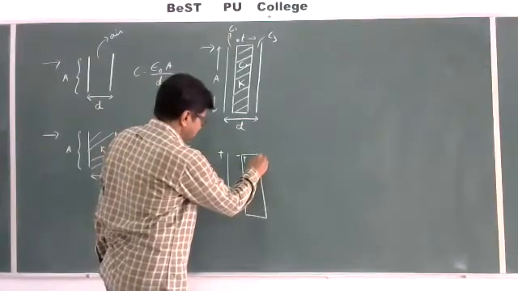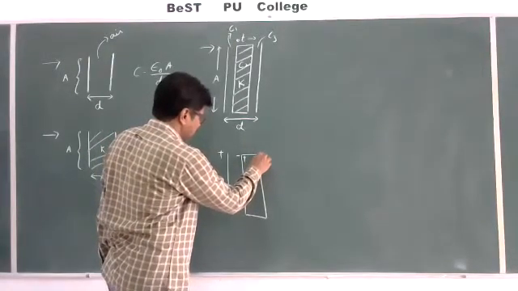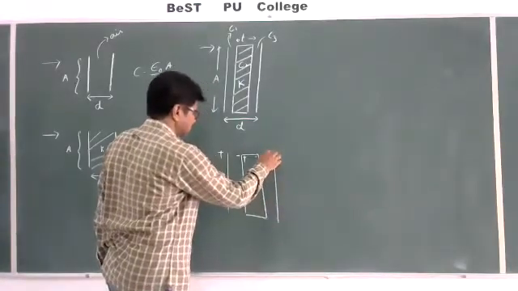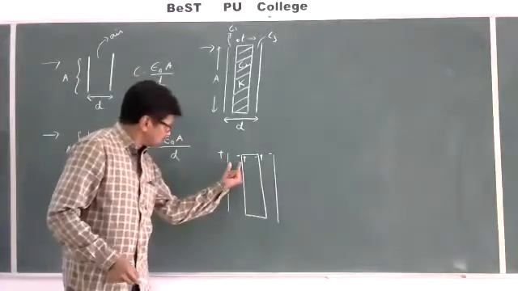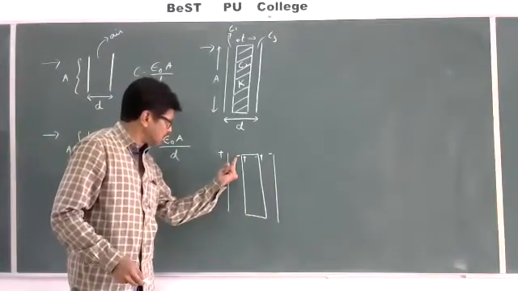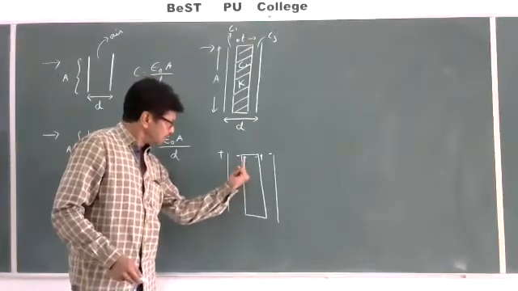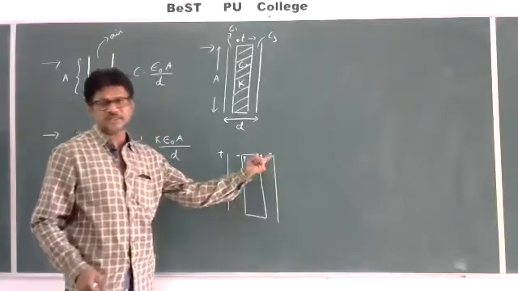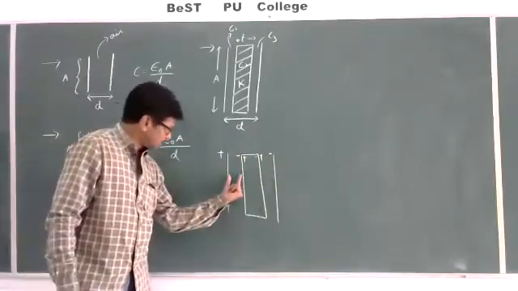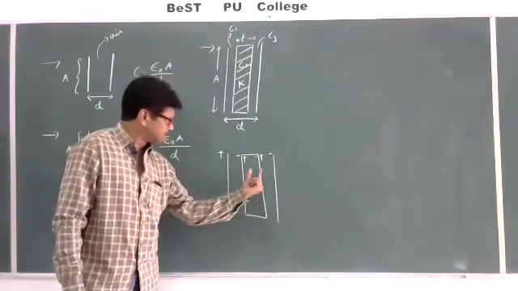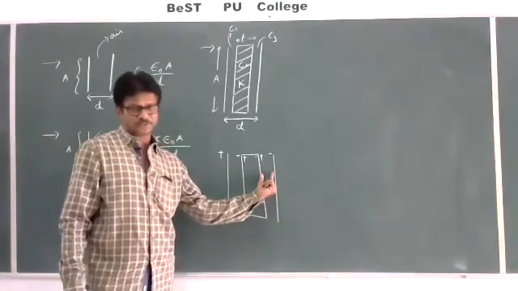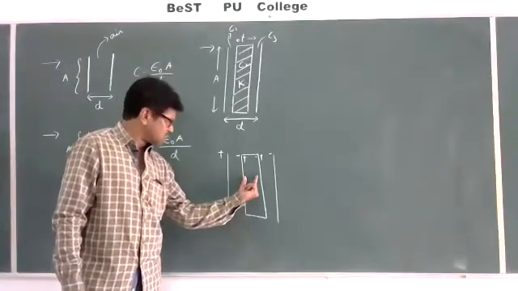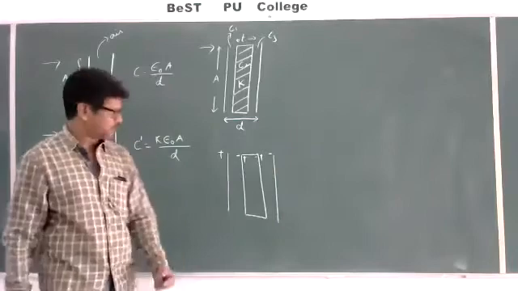Now here the negative charge, positive charge, and here the final one will have a negative charge. So these are two plates, one positive, one negative. Here also two plates, one positive and the other negative. So this is one capacitor, this is another capacitor, and this is one more capacitor. The capacitance of this is C1, of this is C2, of this is C3.